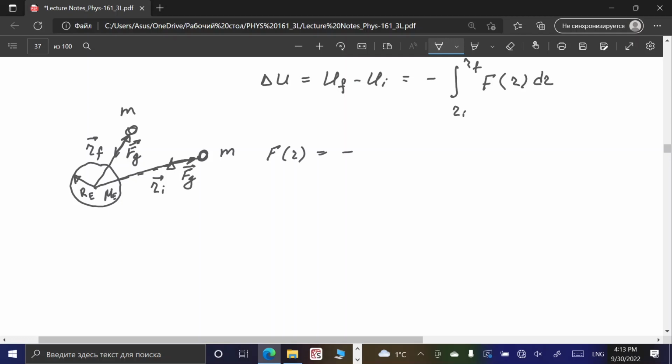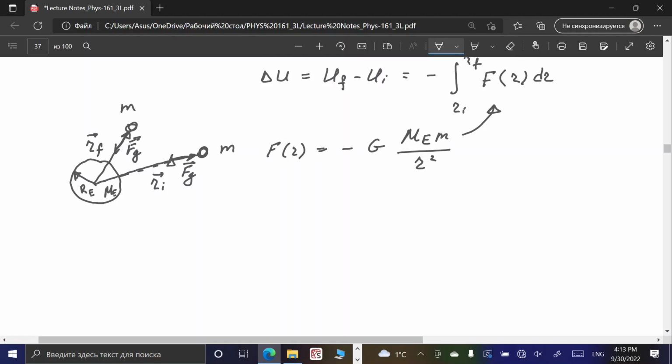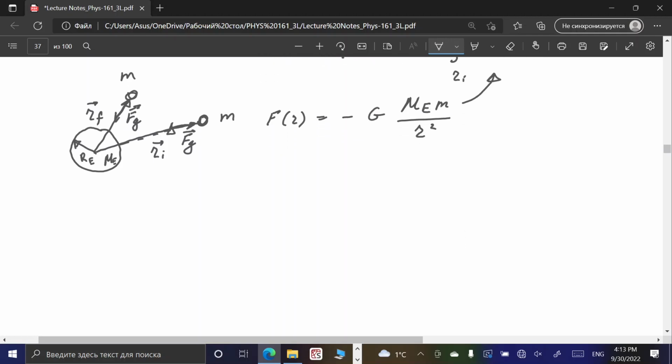We put minus, and we can write here that this will be G times M E times M over R squared. So here we kind of care about magnitude. Now let us substitute it here in this integral and get the expression for change of the potential energy.